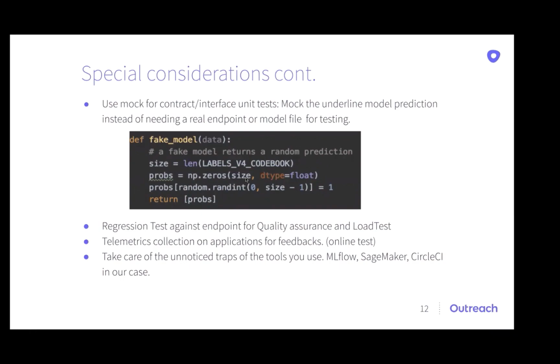And we do have an additional step, as Jiwei mentioned in CD, we call it the regression test, which is after the staging deployment and before we promote to prod. We want to guard against the endpoint by evaluating both its quality and the latency. Then we collect the telemetry from the application side.